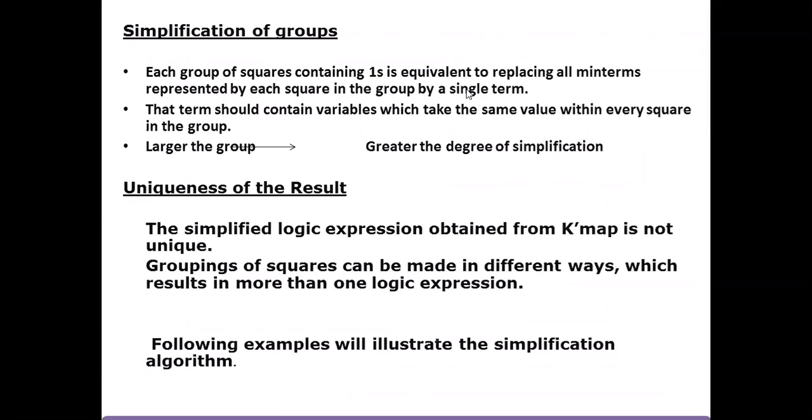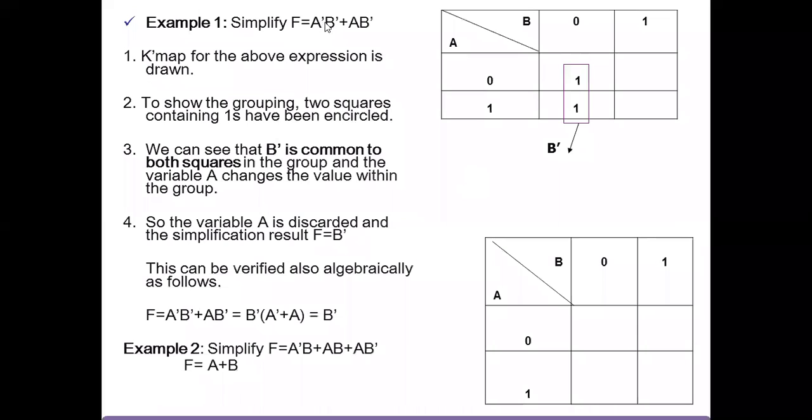So each group of squares containing ones is equivalent to replacing all the minterms. This is the simplification of groups later. So let's form some groups and try to proceed. You are asked to simplify A dash B dash plus AB dash.